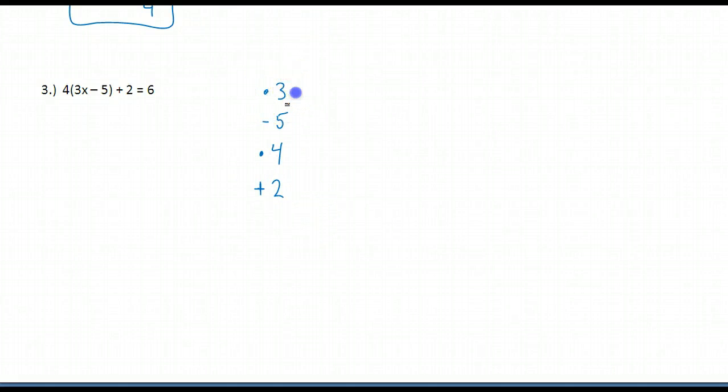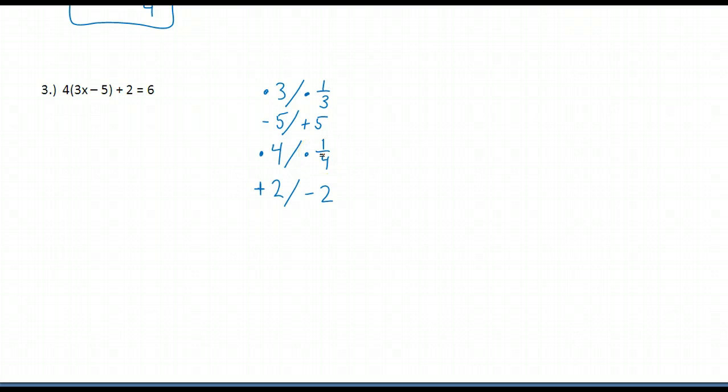The inverse of multiplying by 3 is multiplying by 1/3. The inverse of subtracting 5 is adding 5. The inverse of multiplying by 4 is multiplying by 1/4. And the inverse of adding 2 is subtracting 2.